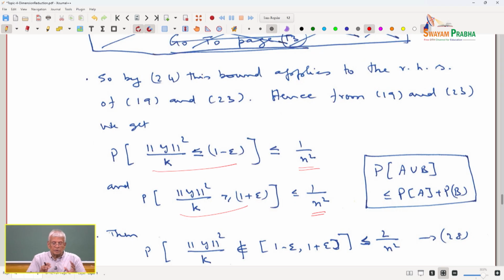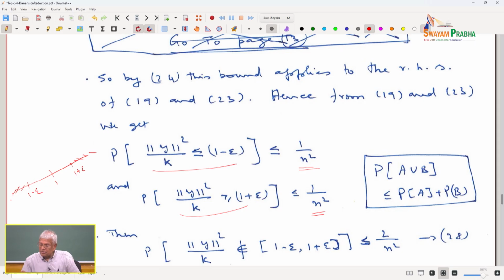So these are two things I would like you to be able to look at now. This is 1, this is 1 plus epsilon, this is 1 minus epsilon. In one case, I talk about this tail, in another case, I talk about this tail. These are two independent tails.